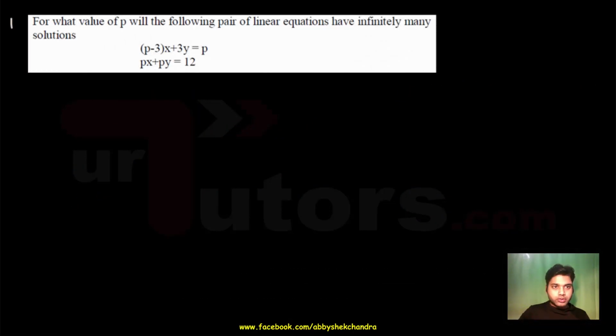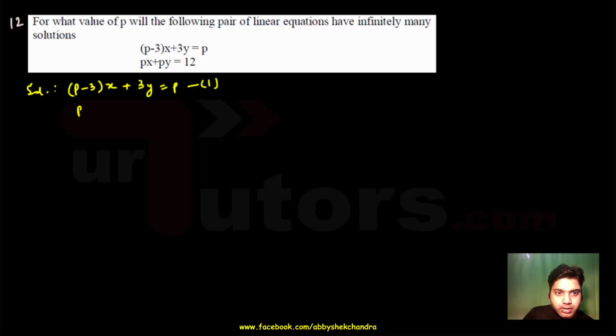Next question, question 12. For what value of p will the following pair of linear equations have infinitely many solutions? Given equations are (p minus 3) times x plus 3y equal to p, which is equation 1, and then px plus py equal to 12, which is equation 2.